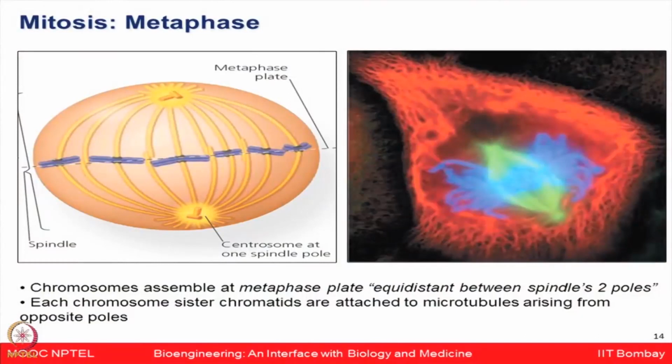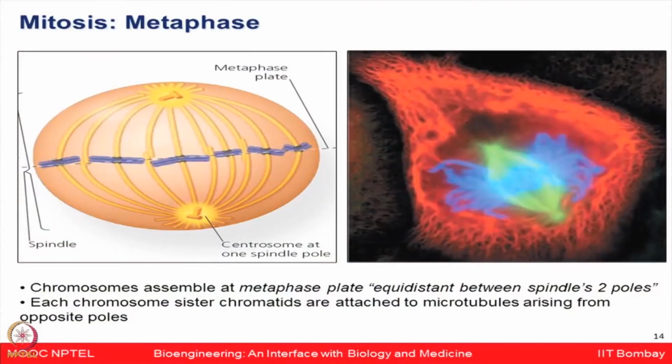So, a lot of shuffling is happening in the cell. All these chromosomes start trying to align themselves towards the metaphase plate, which is just in the center, but they have still not aligned. They are trying to align, but then the cell moves to the next phase, which is metaphase.